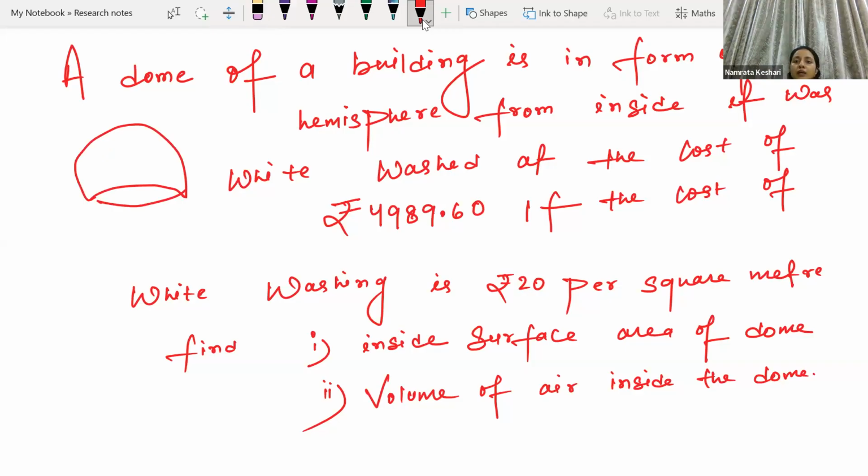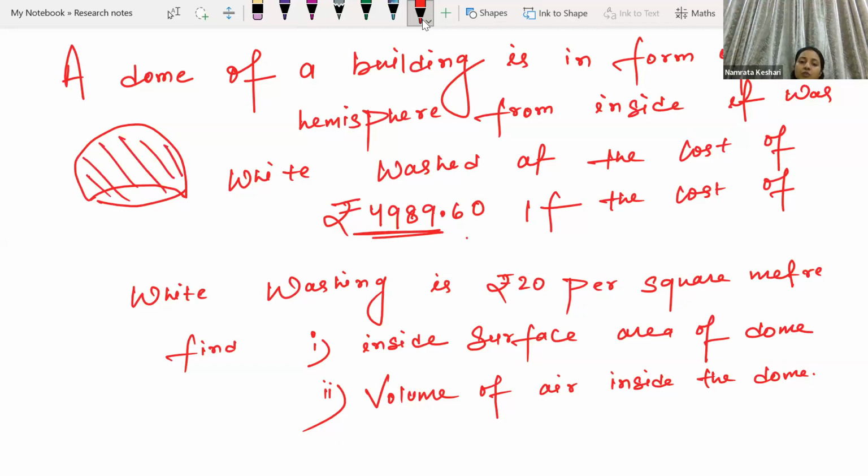From the inside it was whitewashed, that is, we are painting it. The total cost for whitewashing the inside part is given.